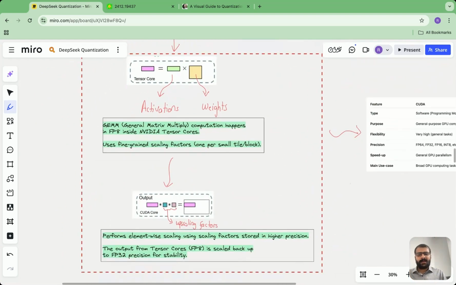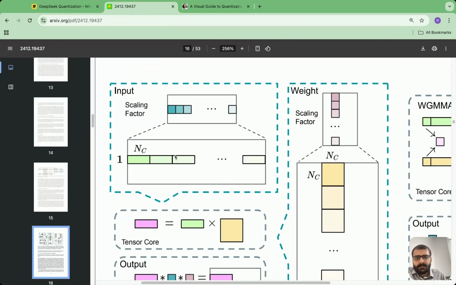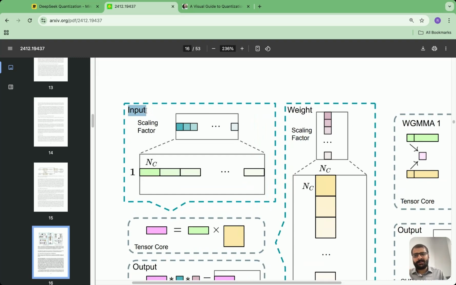So now actually we can understand what is going on here. If you see, this part is actually the different scaling factors. So here we have the inputs and the weights, right? Remember I told you we have inputs multiplied by weights, y equal to w times x. So this x is what is called an input over here.